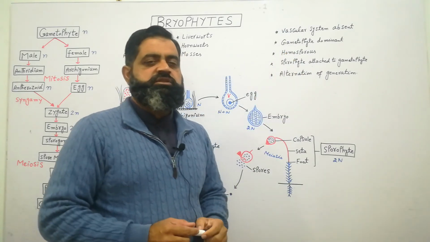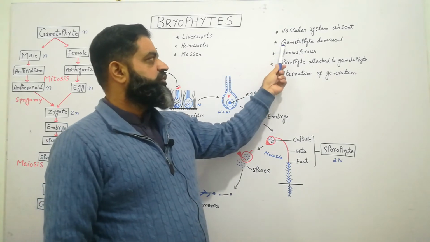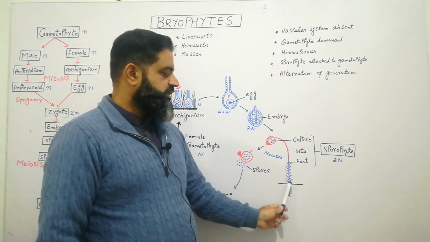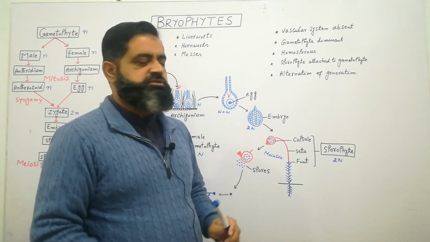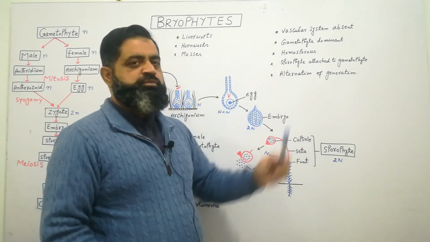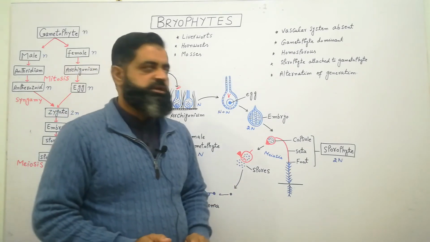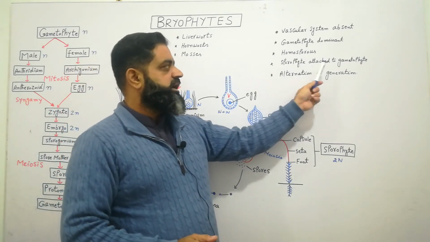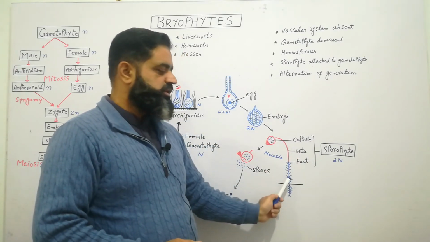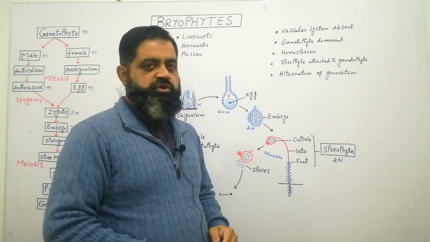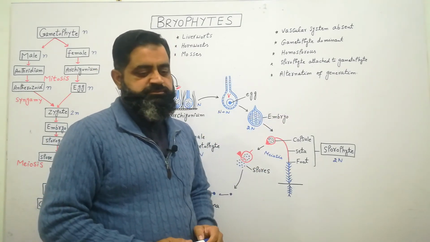It means they do not have xylem and phloem. Gametophyte is dominant. This is a gametophyte. It is photosynthetic and conspicuous. They produce homospores, so that is why they are known as homosporous plants. The sporophyte is attached to the gametophyte. As you can see in this diagram, the sporophyte attached to the gametophyte is inconspicuous, non-photosynthetic, and alternation of generation takes place.